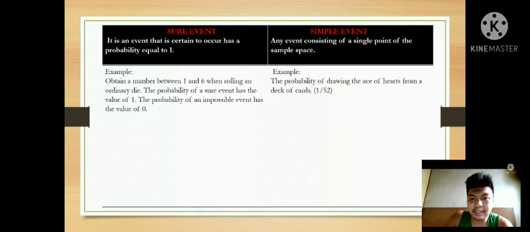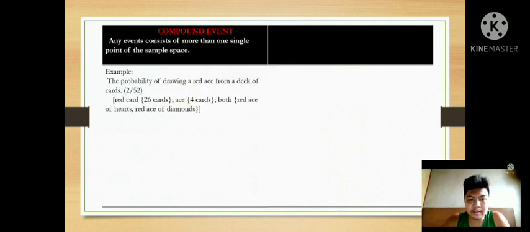Sixth, simple event. Any event consisting of a single point of the sample space. Example, the probability of drawing the ace of hearts from a deck of cards is 1 over 52. Seventh, compound event. Any event containing more than one single point of a sample space.